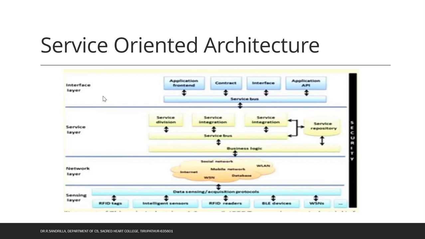Next comes the interface layer, the application front end contract, also called the API or interface forms, the topmost layer. Security is a matter of concern in all layers from top to bottom. So this is the overall infrastructure of a service-oriented architecture.